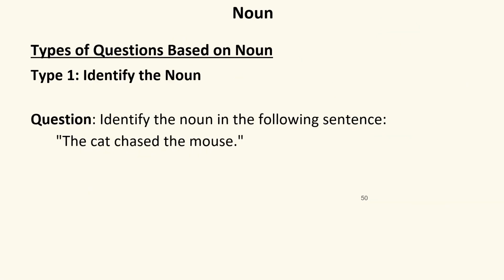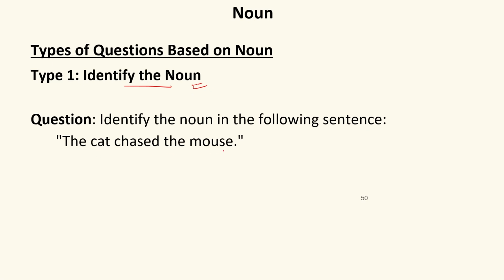Now we'll do an exercise based on noun, or we will do some questions on what we have already read. Now, types of questions based on noun. First, you can encounter a type of question like identify the noun. You have to identify the noun in the sentence and what type of noun it is. Identify the noun in the following sentence.